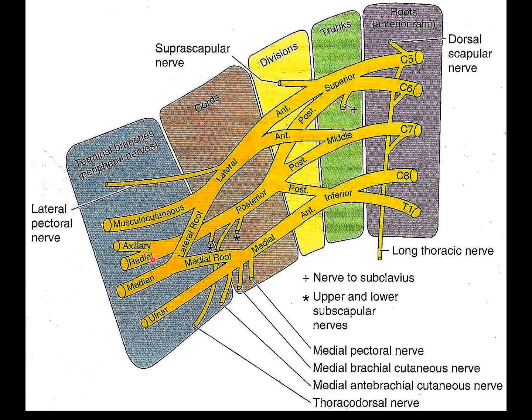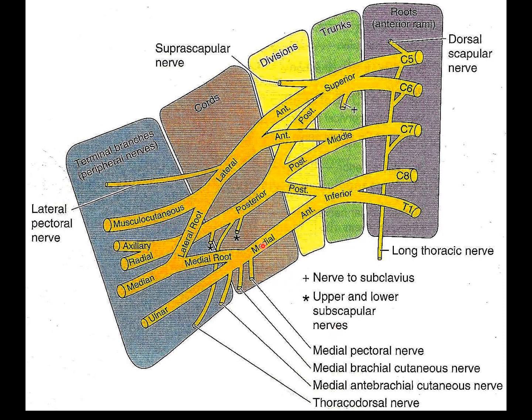Again, we will repeat this. Roots give two branches: dorsal scapular and long thoracic. The upper trunk gives only two branches: suprascapular and nerve to subclavius. The lateral cord gives three branches: lateral pectoral, musculocutaneous, and lateral root of median.